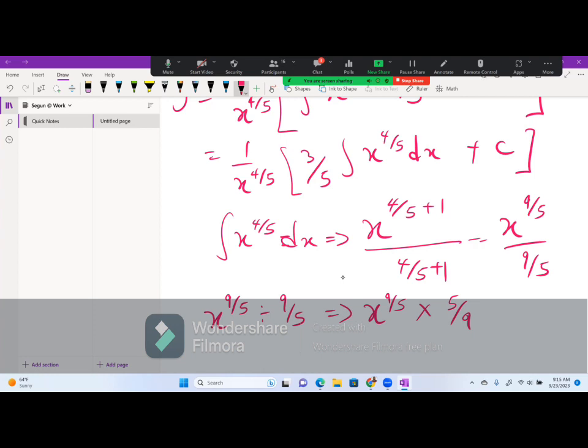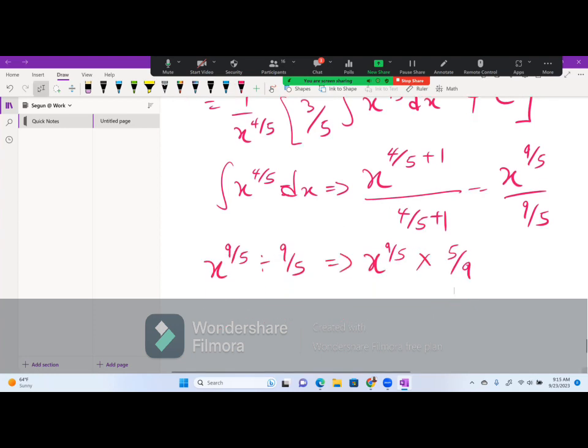Substituting it back here, I have x raised to the power minus 4 over 5, the inverse of it, times 3 over 5 multiplied by x raised to the power 9 over 5 multiplied by 5 over 9, everything plus c. 5 goes to 5, and this goes to this, remaining 3.